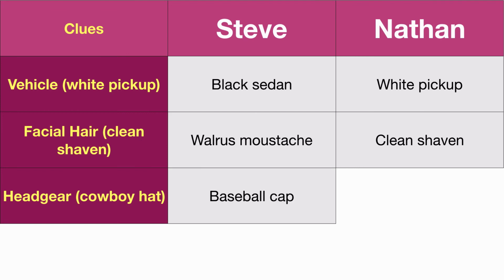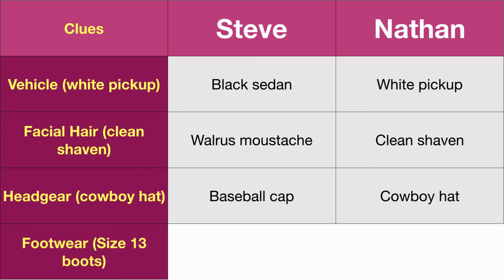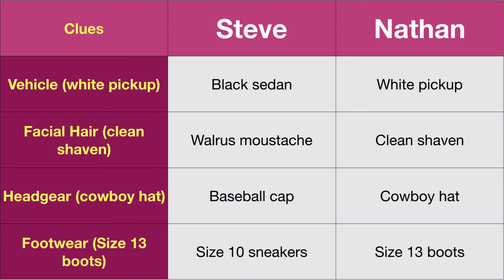Headgear. Steve normally wears a baseball cap. Nathan likes to wear cowboy hats. Again, Steve could have been wearing a cowboy hat on the date of the bank robbery. That is possible. And then footwear. Well, Steve normally wears size 10 sneakers, whereas Nathan wears size 13 boots. And again, let's say Steve were just trying to set up Nathan. Let's say he wanted to rob a bank, but he wanted to set Nathan up as the fall guy. Yeah, Steve could have definitely faked every single one of these clues.